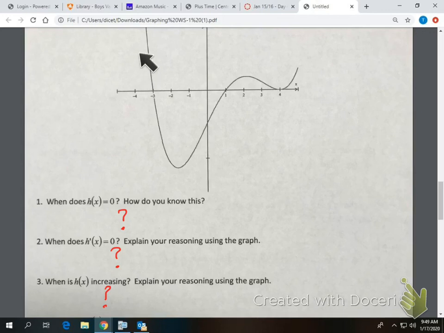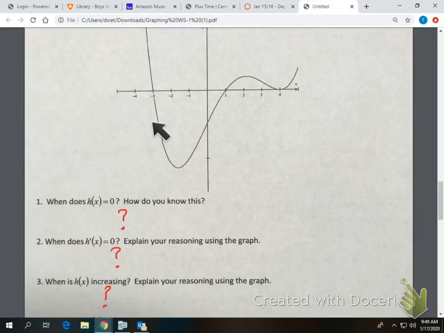Let me ask you this. It's not on your worksheet. Where's the second derivative positive? Here and here and here, right? What's that tell me? The original function was concave up. So then 7 asks, when does the original function have points of inflection? When the second derivative is 0 and concavity changes.